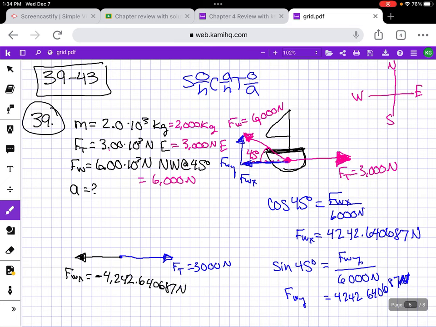Okay, and then the only force that's in the y is going to be this one here, also 4,242.640687 newtons. There's the wind in the y.